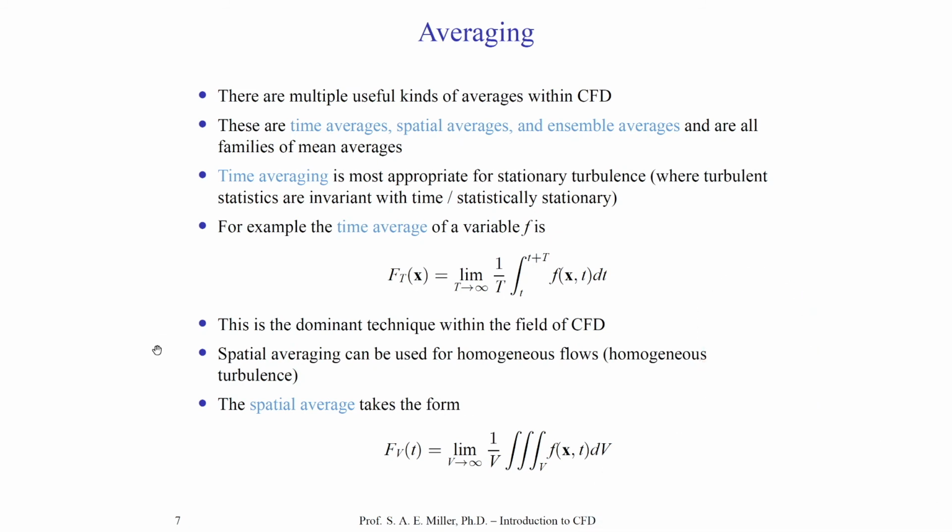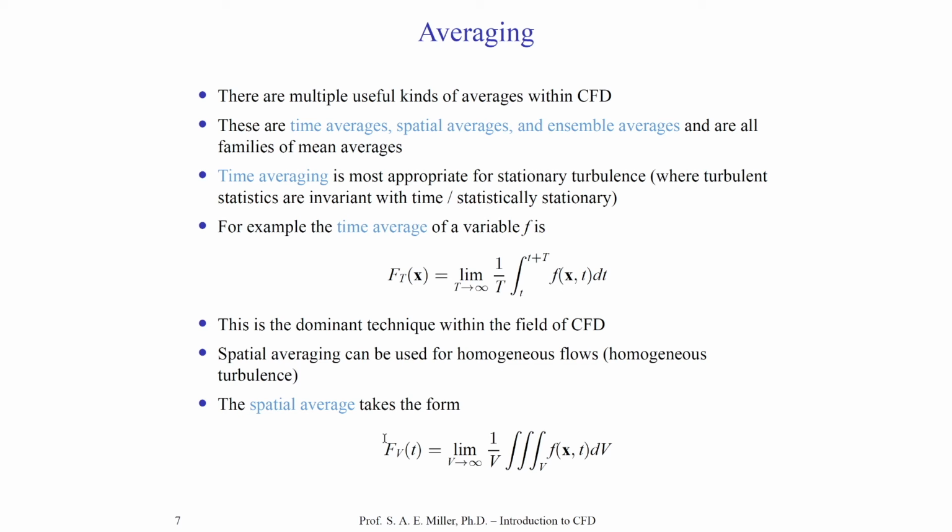There's also spatial averaging, which is very useful for homogeneous flows. For example, if we have homogeneous turbulence, we might look at a spatial average. This would be nothing but the same type of equation, except we're averaging over space instead of time. The spatial average will, of course, average over space and remove it from the equation. And we would have an average which varies with time over one particular spatial coordinate.